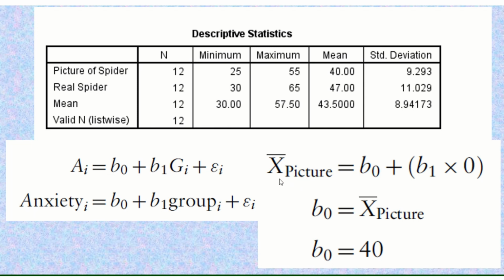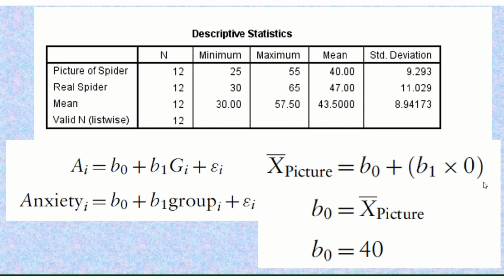So here, the mean for the picture is equal to b sub 0, or the intercept, plus b sub 1, or the weighting of our predictor, times the value, remember, of the dummy variable for the group sub i. We will be using the value of 0 this time.